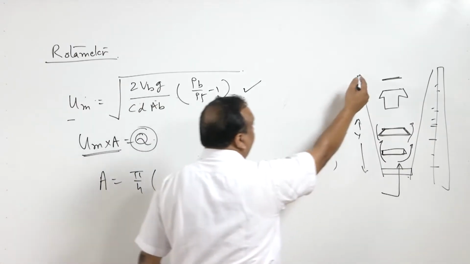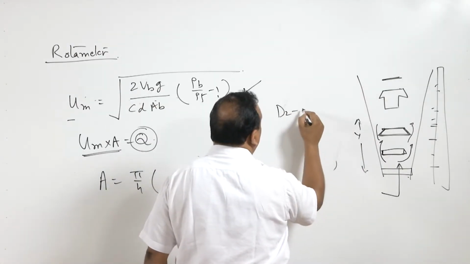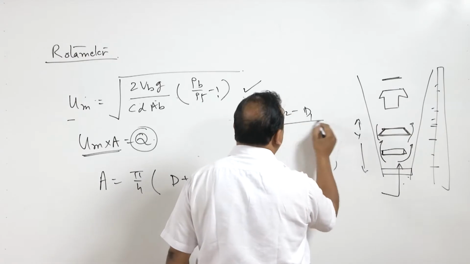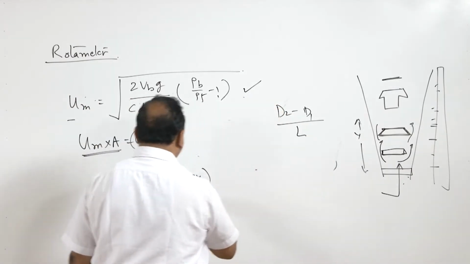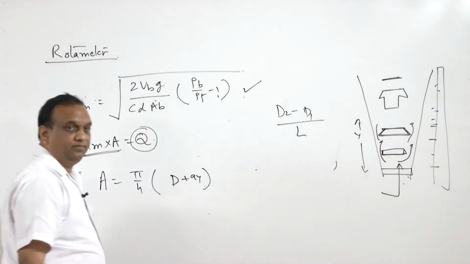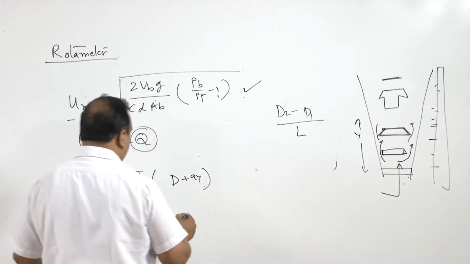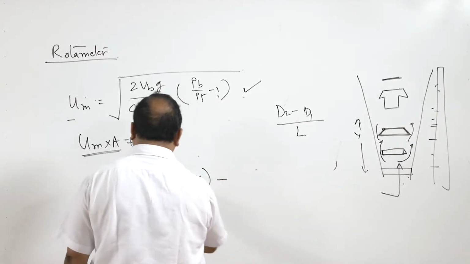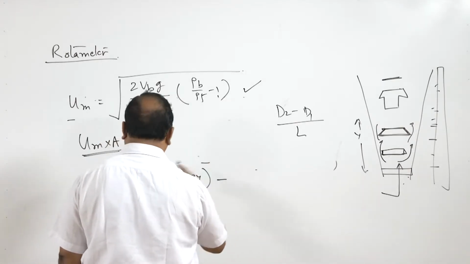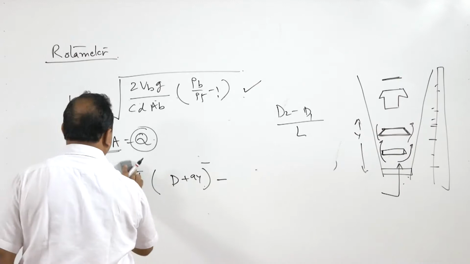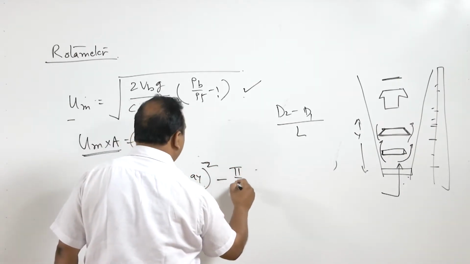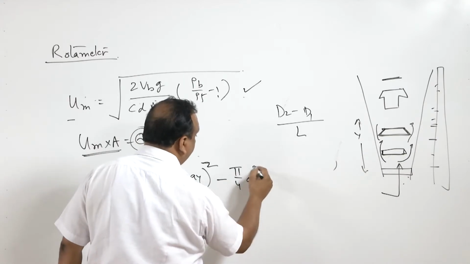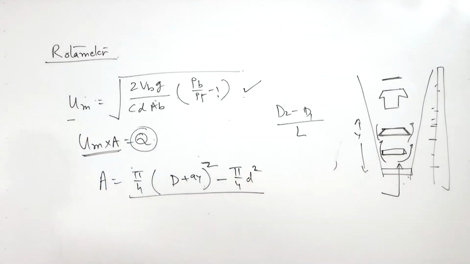Slope is, suppose this is d2, so (d2 minus d1) divided by L, right? And if we multiply by Y, we will be getting d plus AY, pi by 4 d square minus pi by 4 d1 square. So this is the area which is available for the flow.